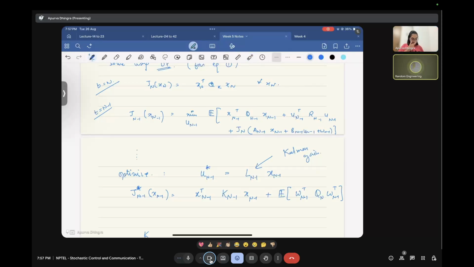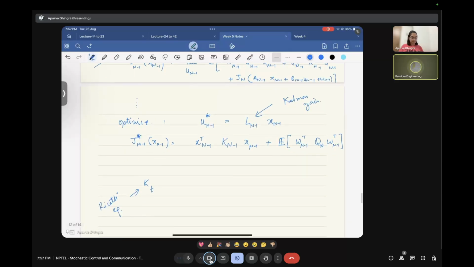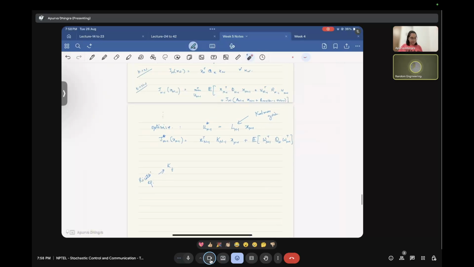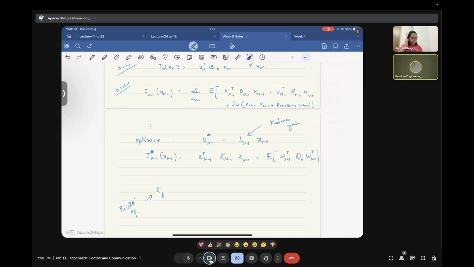And since it's positive semi-definite, this will be a positive number all the time. And we are minimizing it, so there is no impact of adding a positive number. It's an offset. The importance here is that the effect of the noise shows up in the optimal value, but it has no effect in the policy itself.